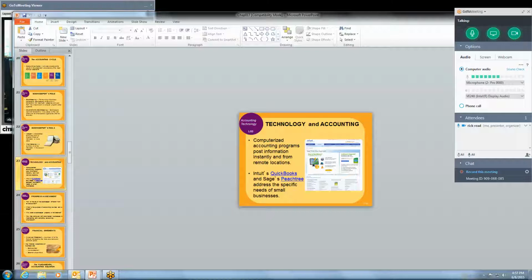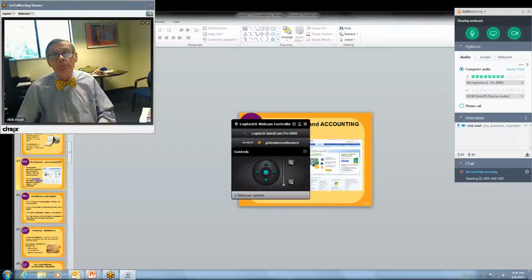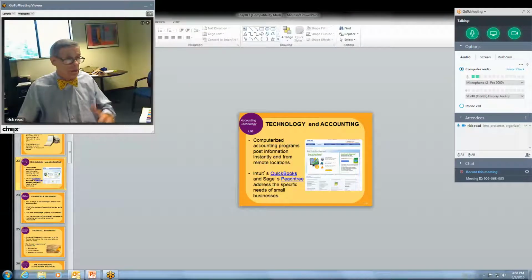Now, this is just a brief step away from what we talked about here. This just lists popular software programs specifically for small business. QuickBooks and Peachtree are set up for small businesses, and they help small businesses get through the process.